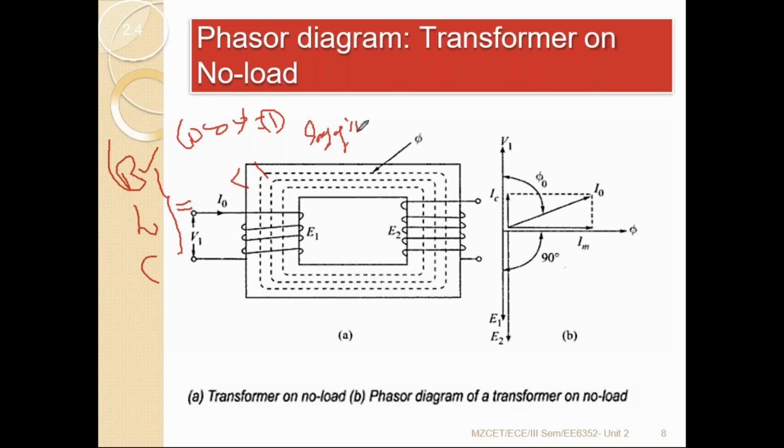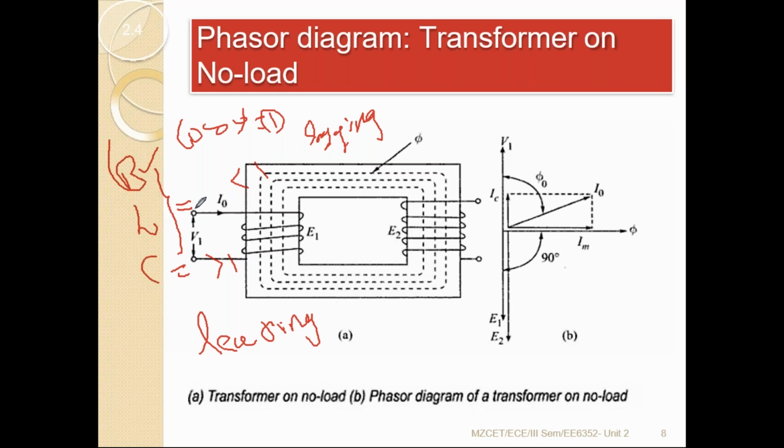Lagging. So inductive load always has the lagging power factor. Now when you connect the capacitive load, its power factor is always greater than 1. That's why the capacitive load has the leading power factor. Leading. So these are the three types of loads we are using in electrical systems.